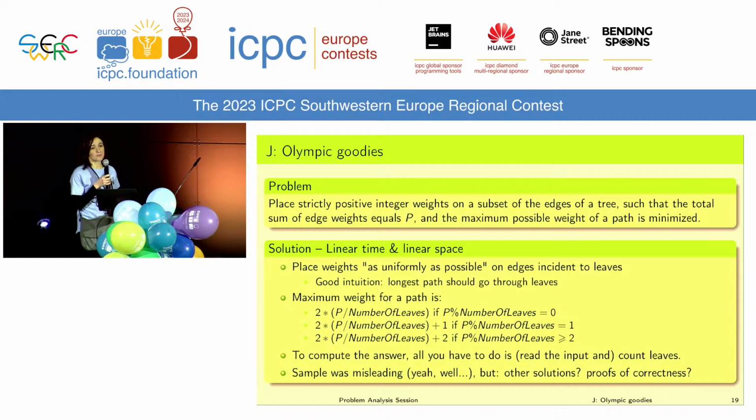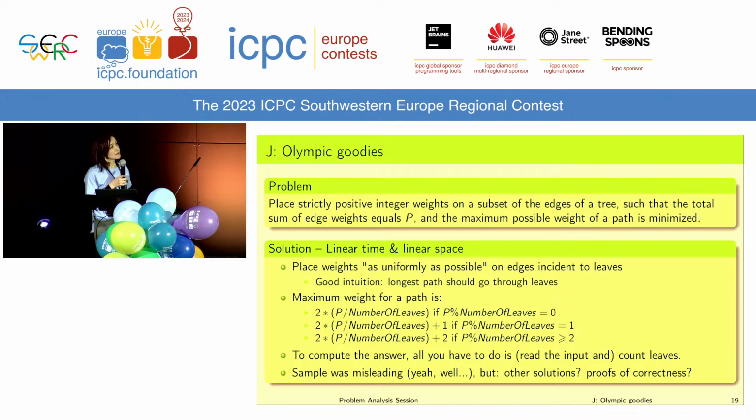as uniformly as possible, which in practice means that we do the integer division of p by the number of leaves, and then we assign the result of this division to each leaf edge, and then we take the remainder, the modulo of the division, and dispatch this as a +1 on some of the remaining leaves, right?